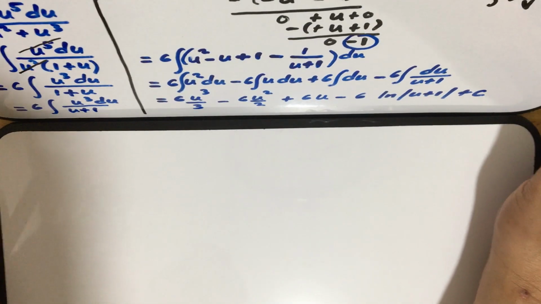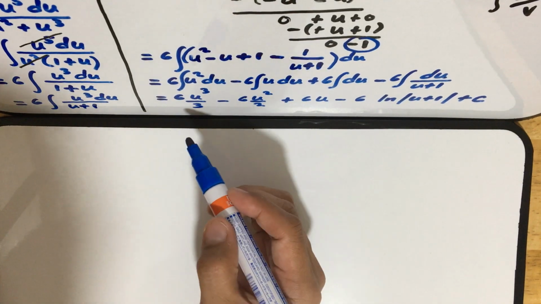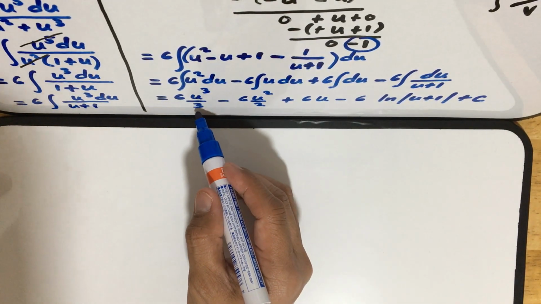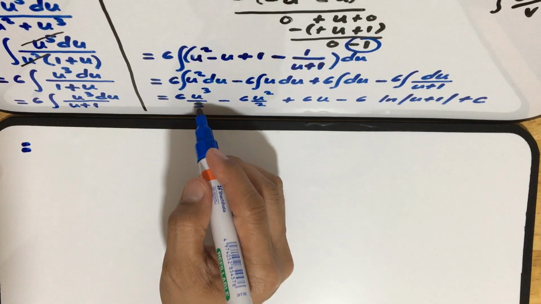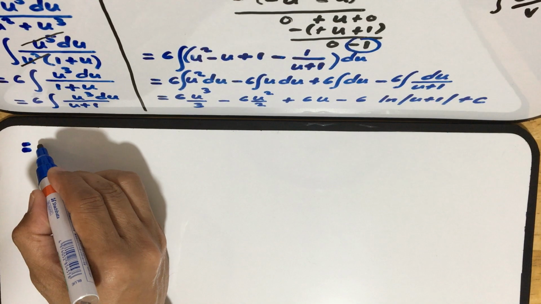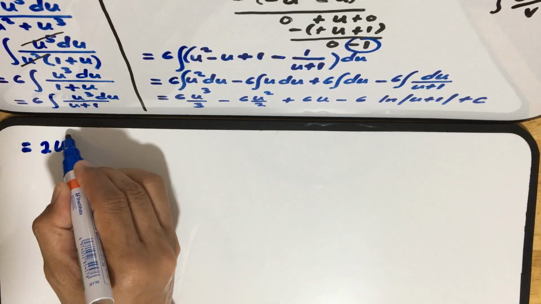Okay, I will use another board. So I just rewrite it here, class. Okay, so we can reduce this one. So 6 divided by 3 is equal to 2, so this will be 2u cubed.